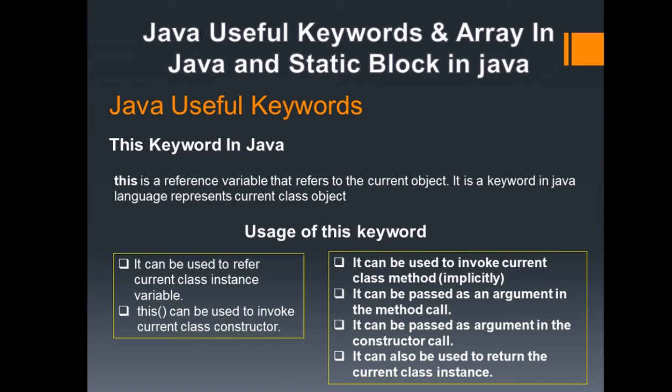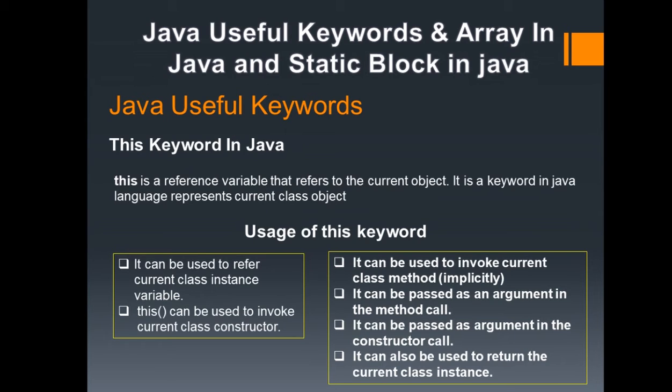This keyword in Java. This is a reference variable that refers to the current object. It is a keyword in the Java language that represents the current class object. Usage of this keyword: it can be used to refer to the current class instance variable. It can be used to invoke the current class constructor.